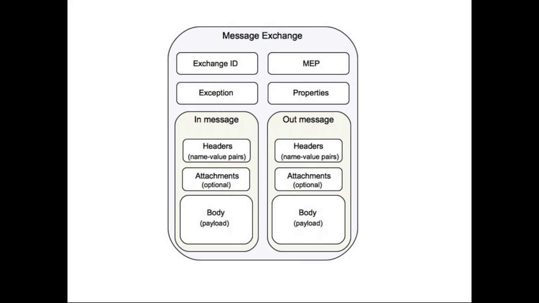When it is going from one message to another, this exchange information will be generated at each step, and you can see these details in the log file as well.